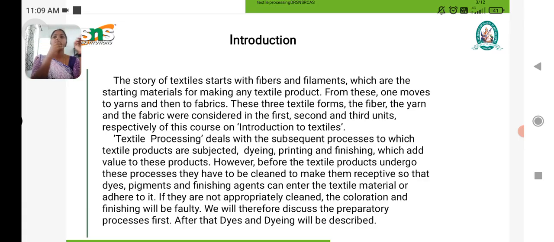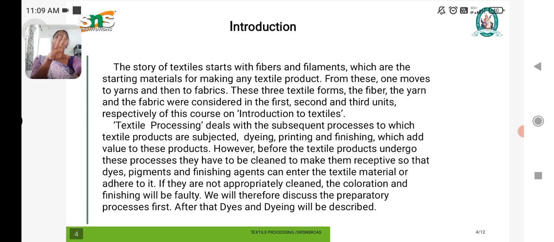These three, fiber, yarn, and fabric, were considered in the first, second, and third units respectively of this course on Introduction to Textiles.